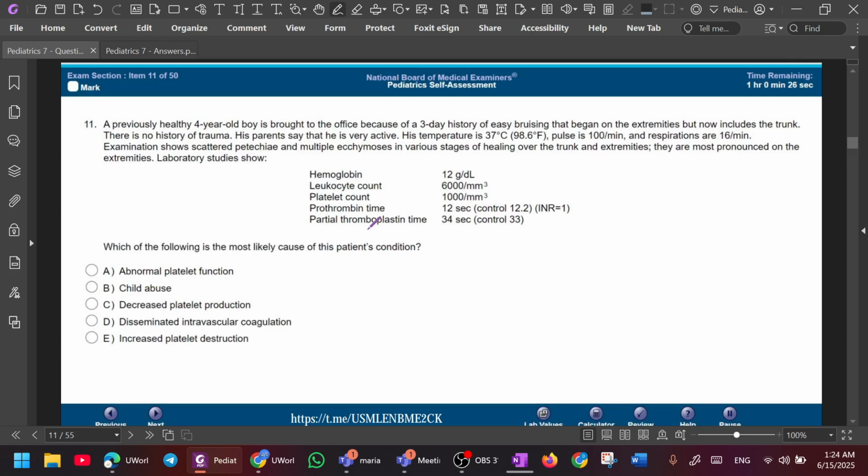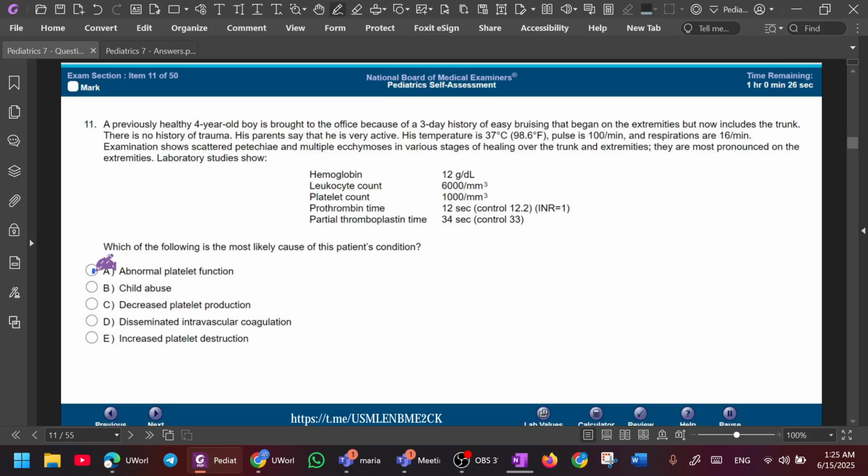Is it ITP? Why? PT and PTT are both normal. In ITP, PT is normal, platelet count is low, bleeding time is high. Platelet function. Decreased platelet production.